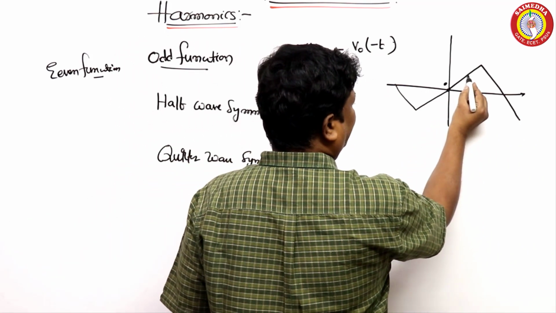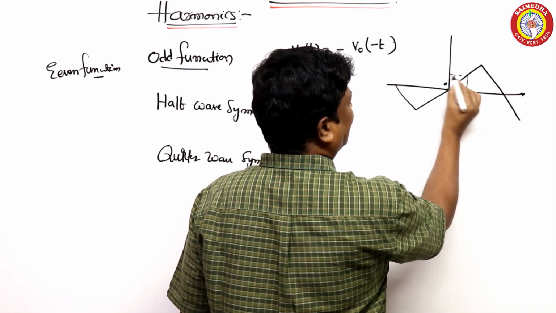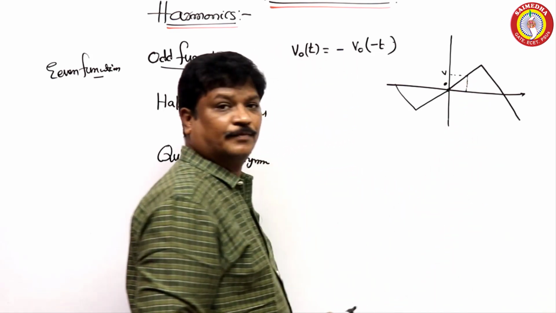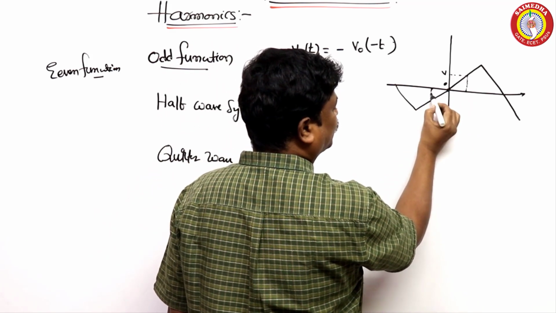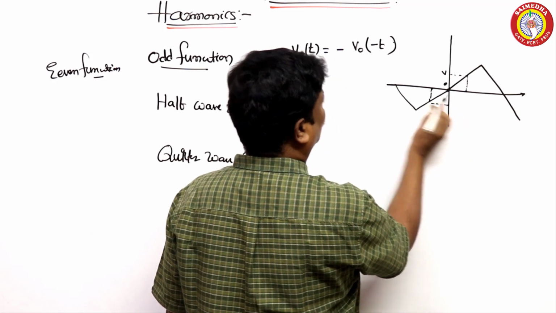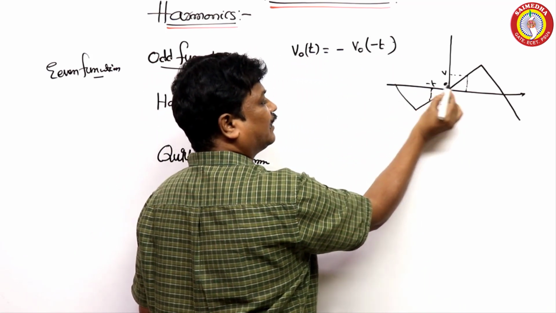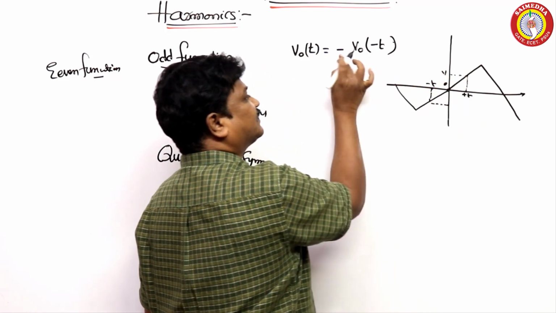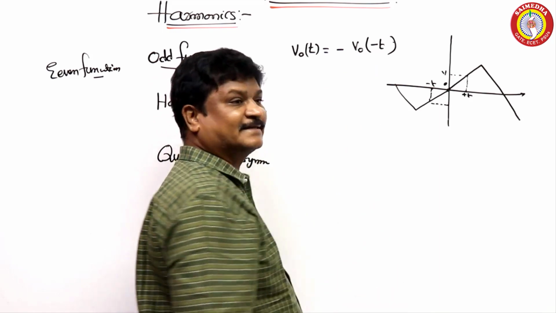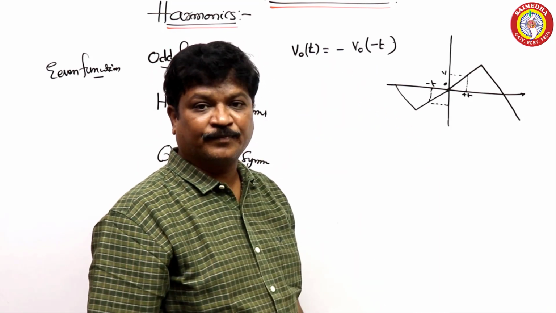If you take some t here, at t it has some voltage V. At the same minus t, you will get minus V. Minus t is this one, plus t is this one; V is equal to minus V. This is what indicates an odd function.